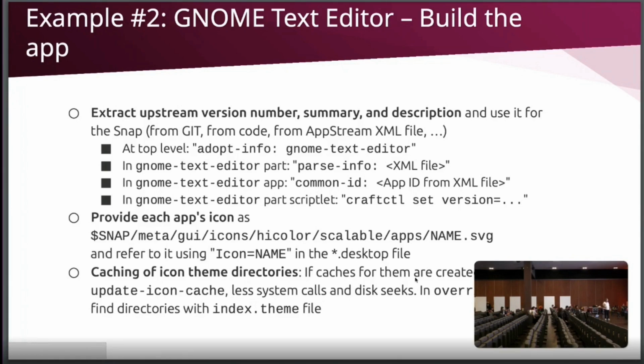And then it's important that the icons are available, so that we have an icon for the launcher. Therefore, you must put the icon into the snap, and you must refer to it with icon equals name in the desktop file. And naturally, you must refer to the desktop file in snapcraft.yaml, as I showed earlier.